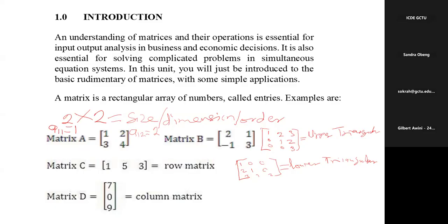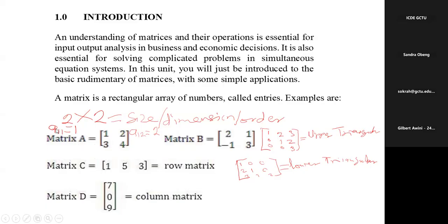And I give you maybe 2 or 3 optional questions, you choose one for 20 marks, so that the marking too will be easy. It will not be too difficult for me. And so all these are things I can put in the objectives and ask you questions on. So I can give you a matrix like this: A is equal to 1, 2, 3, 4. And I'll tell you to identify the element a_11.